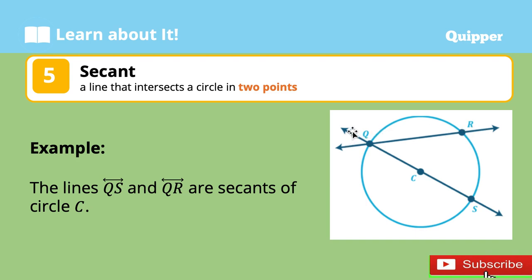Line QS is a secant line because there are 2 points of intersection, point Q and point S. And line QR is also a secant line because there are 2 intersection points on the line and the circle. So the points are Q and R.